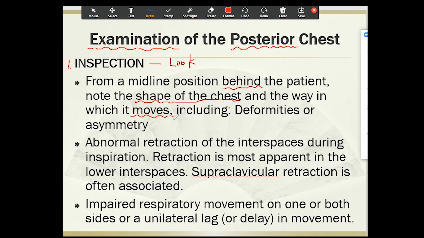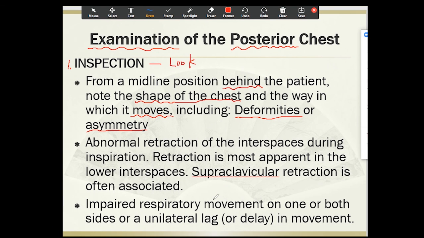So basically we see if both sides look similar and the shape is normal, or if there is some abnormality in there.